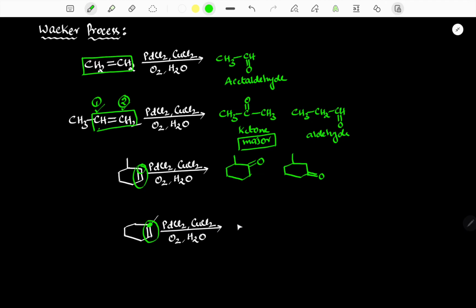There is only one possibility, that is the ketone like this. We can add double bond O here, but we cannot add it at this position. This is not at all possible. So in this case, we are getting a single compound as the major product.